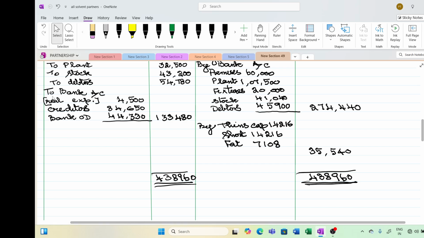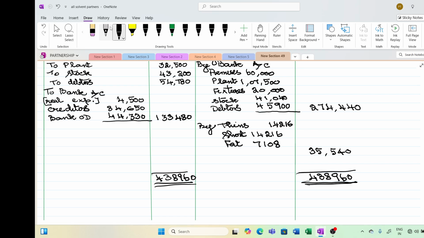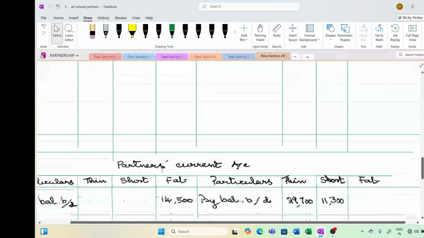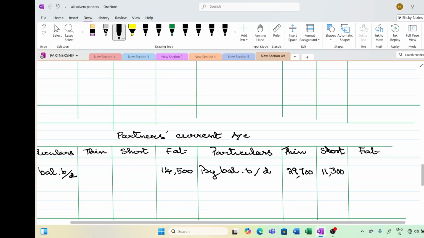I'm sorry, because they have got a current account, so this has to be posted to the current account. After that we will transfer it to the capital account. So everybody's current account.